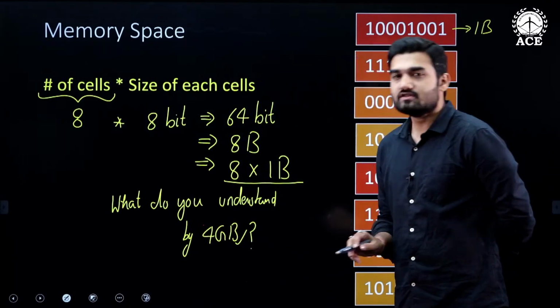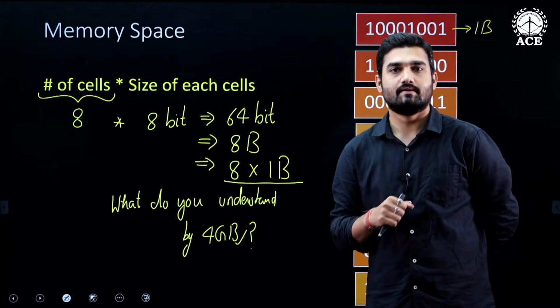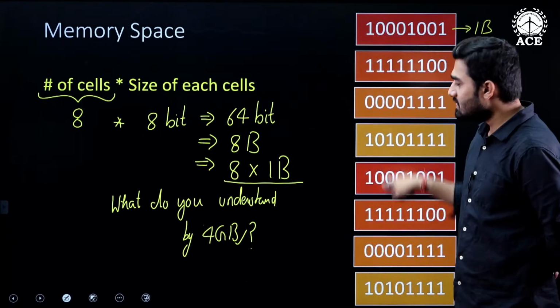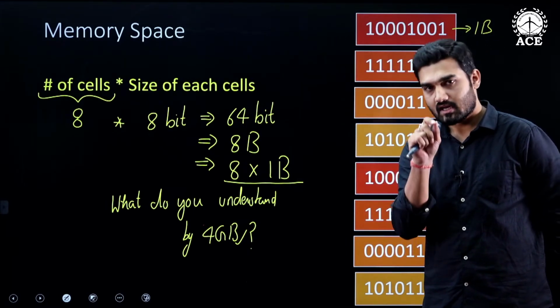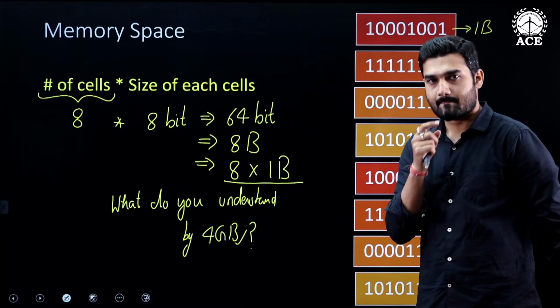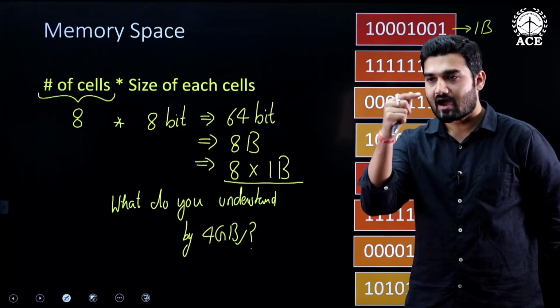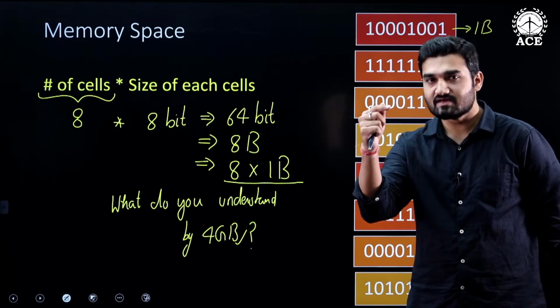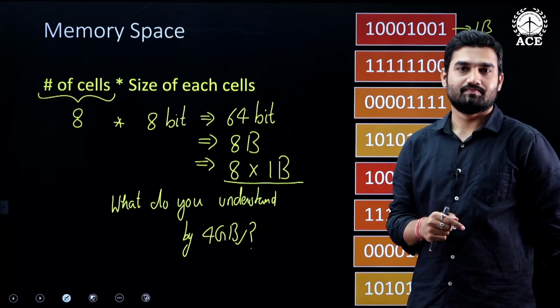You know your RAM is 4 GB, but what do you really understand by 4 GB? Do you know how 4 GB looks like? I have given you enough hint. Please calculate in your copy and tell in the comment section how the 4 GB looks like. Can you tell me how many cells are there? That means how many rows are there? That means I am asking how many locations are there in 4 GB.